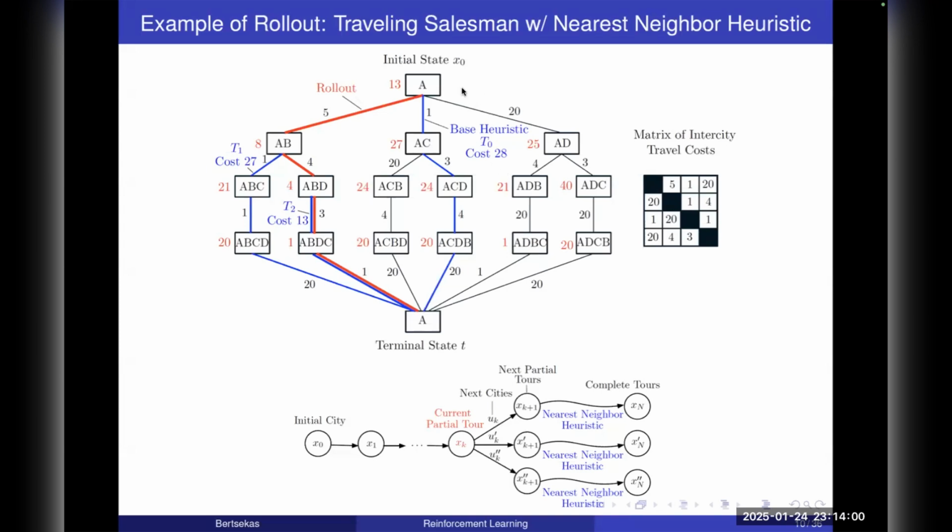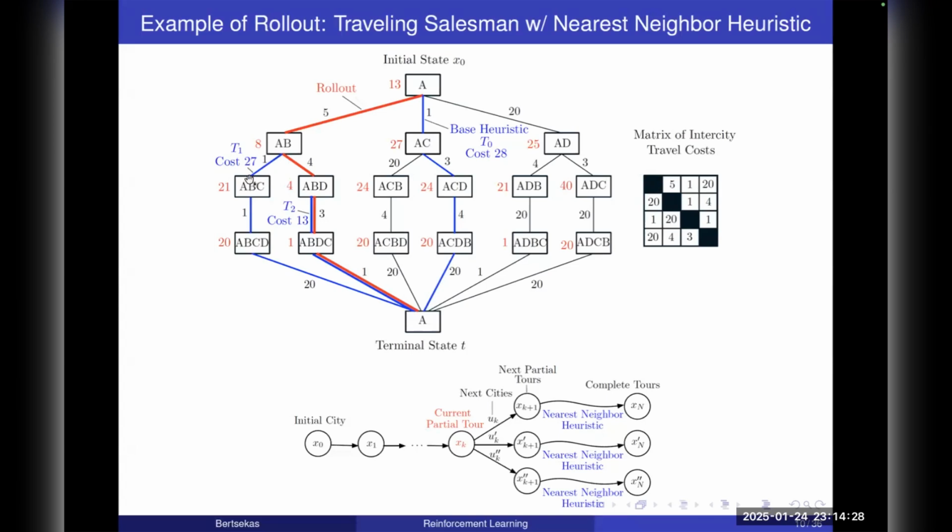So now let's do rollout by starting from A and using the nearest neighbor heuristic as base heuristic. Here we consider the next eligible cities and run the base heuristic from each one. So from this state, we consider the two eligible next neighbors.